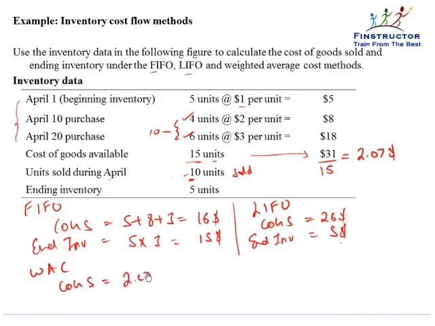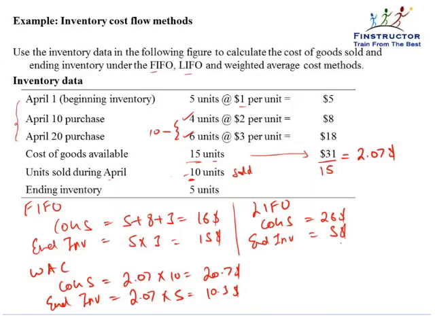So it will be 2.07 into 10, that is $20.7. And the ending inventory would consist of 5 units, also at the same cost, giving a total of $10.3.